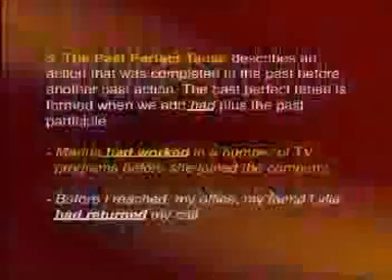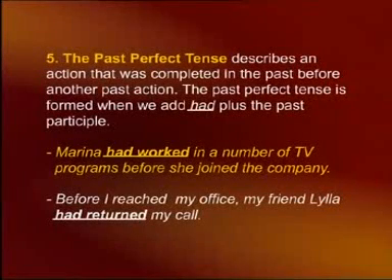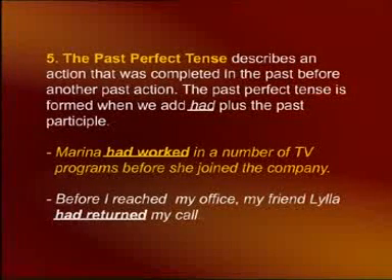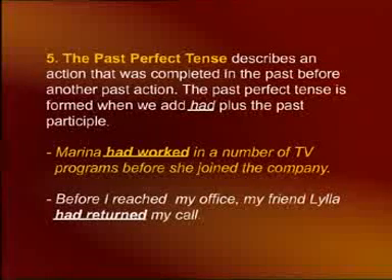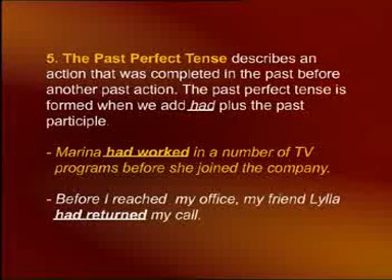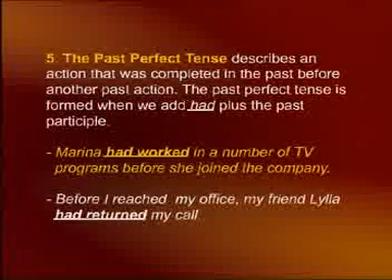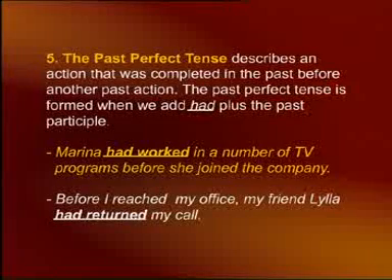The second perfect tense is the past perfect tense. It describes an action that was completed in the past before another past action. The past perfect tense is formed when we add had plus the past participle. Example, Marina had worked in a number of TV programs before she joined the company.